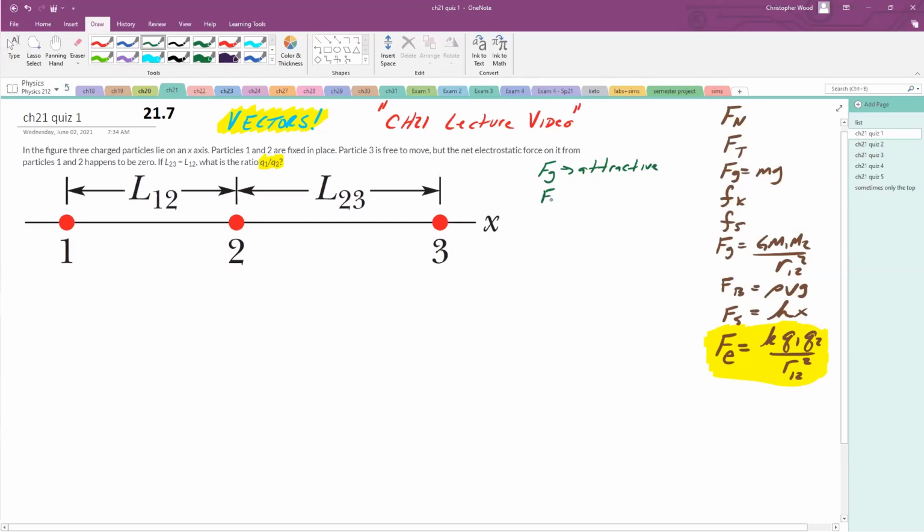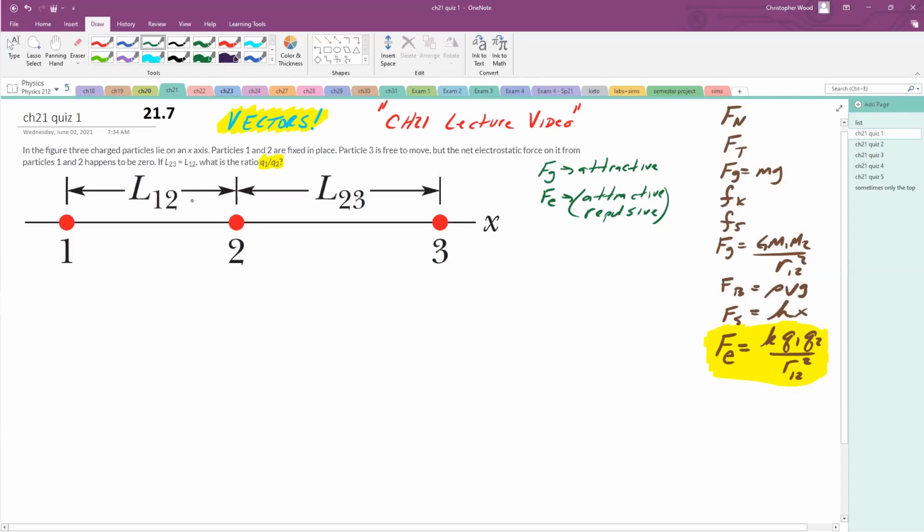With the electrostatic force, it could be attractive or repulsive. You've heard the expression, opposites attract, likes repel. The fact that it can be either does make it more complicated, but not that much more complicated.